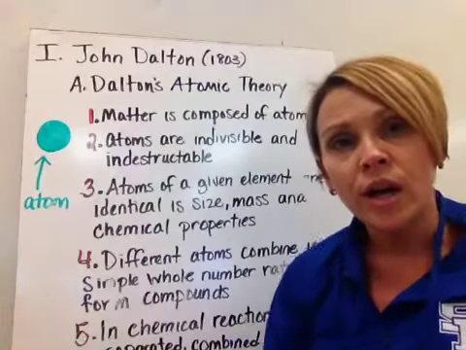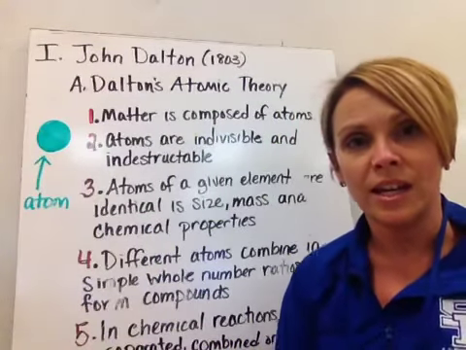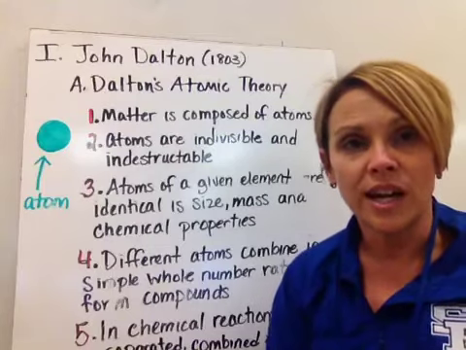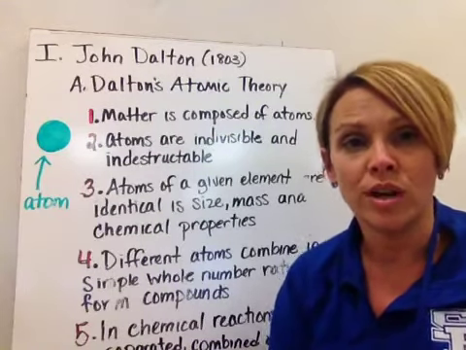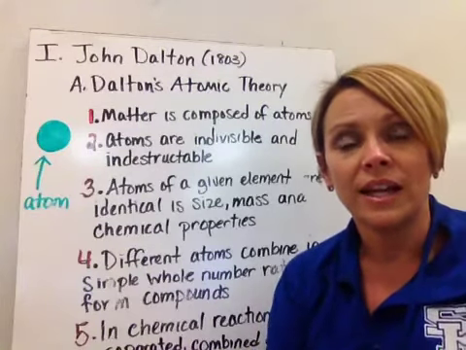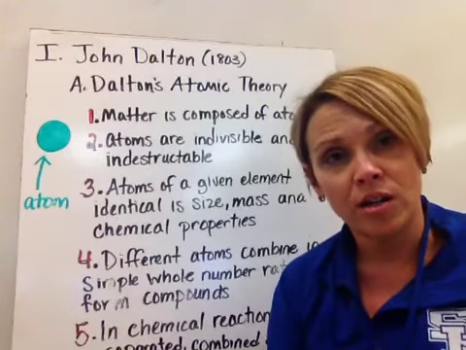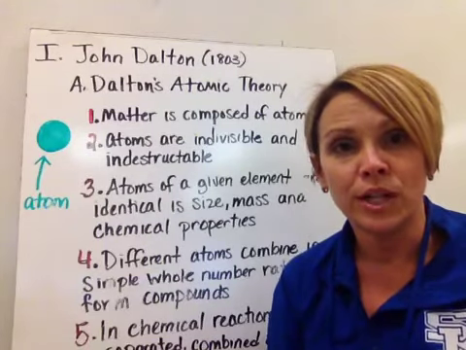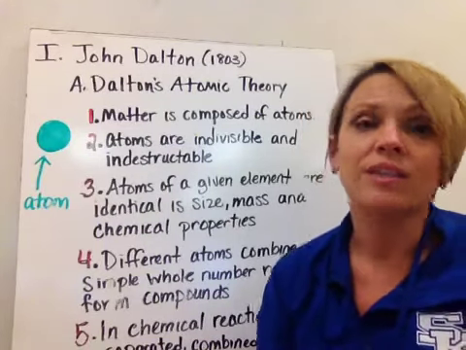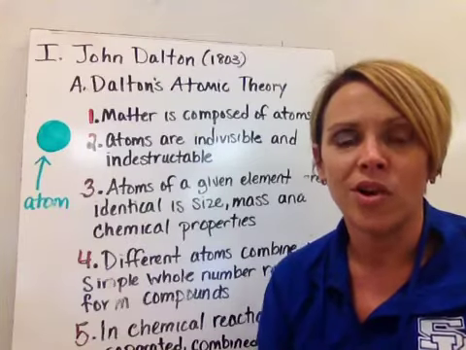All right, so what you're going to see on the boards today is several different scientists that had huge contributions in the world of science that led to our models of the atom. And so this first scientist on the board here, John Dalton, I don't want you to think that he just came up with this all on his own.